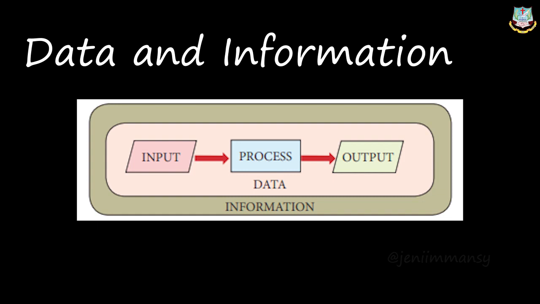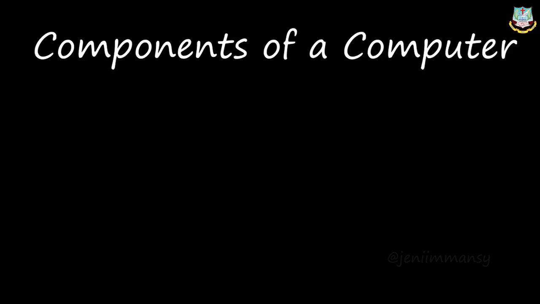And now we are going to see the next important 5 mark question, that is components of a computer. Computer means we'll have hardware and software. As we have seen in the introductory session, you know what is hardware and software, right? So I'll just remind you again. Computer is a combination of hardware and software. If hardware is not there, there is no computer.